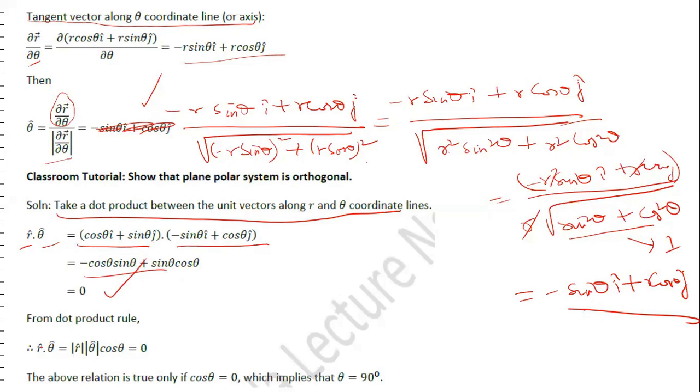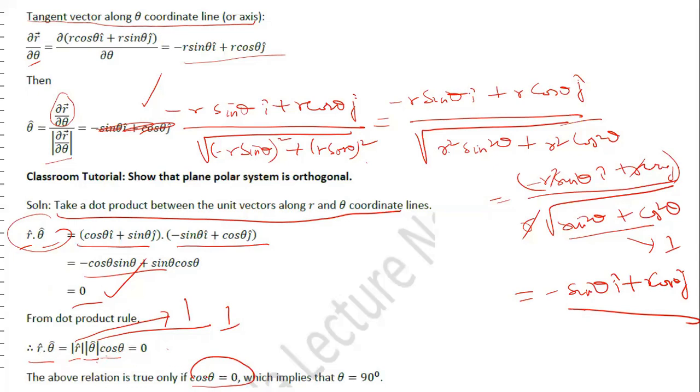So from the dot product rule, you know that if you take the dot product between two vectors, it is the magnitude of the first vector times the magnitude of the second vector times the cosine of the angle between them. And this quantity, as you see, is 0, and the magnitudes of r cap and theta cap are both 1 because they are unit vectors. So if r cap dot theta cap is 0, the only possibility is that the cosine of the angle is 0.